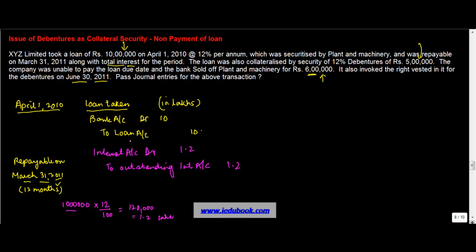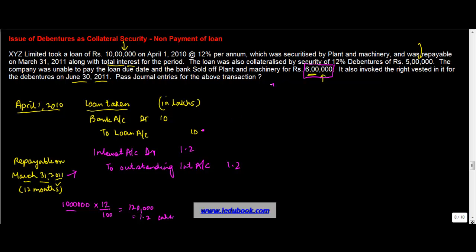Now, basically, what happened was that on this date I said I am unable to pay my debts. So when I said that I was unable to pay the loan, the bank sold off the plant and machinery for 600,000. Now when the bank has sold off your plant and machinery for 6 lakh, obviously your pending loan account would go down by 6 lakh.